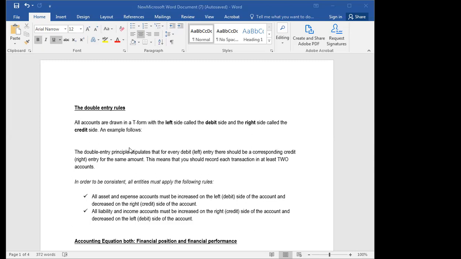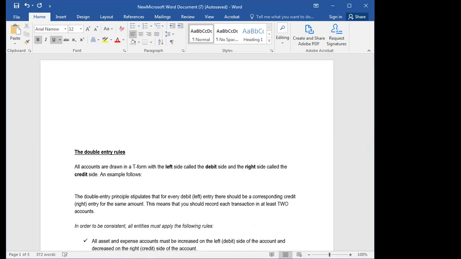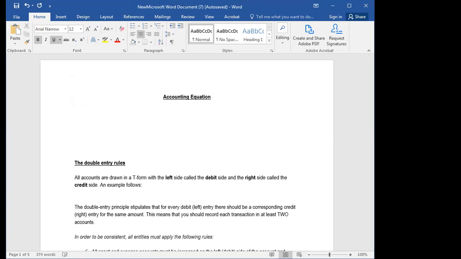But I want to show you something here. The main thing you need to understand is how to analyze these elements of financial statements in our accounting equation. Let me write this name, accounting equation. What we need to do, guys, is link them, or see the effect of our elements of financial statements in our accounting equation.